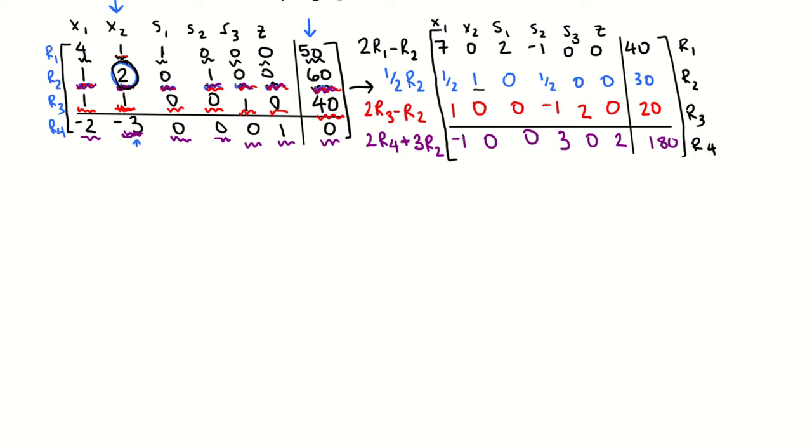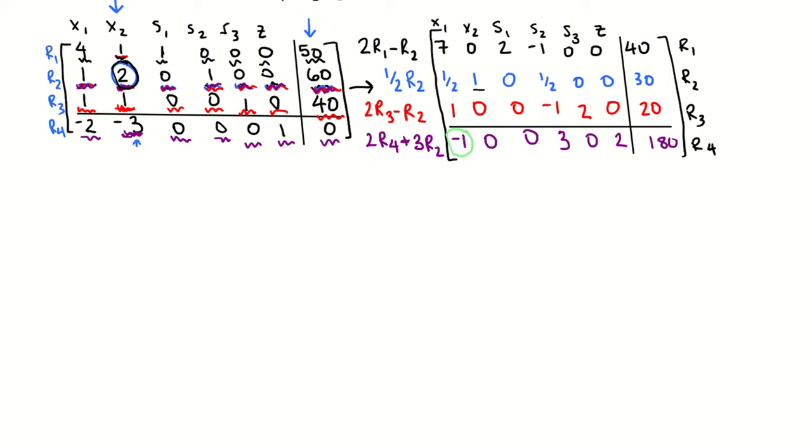Now we want to look for a new pivot point. So we look for a negative indicator or a negative number in the bottom row. Here we have a negative indicator of negative 1. And now we look at the quotients in that pivot column.